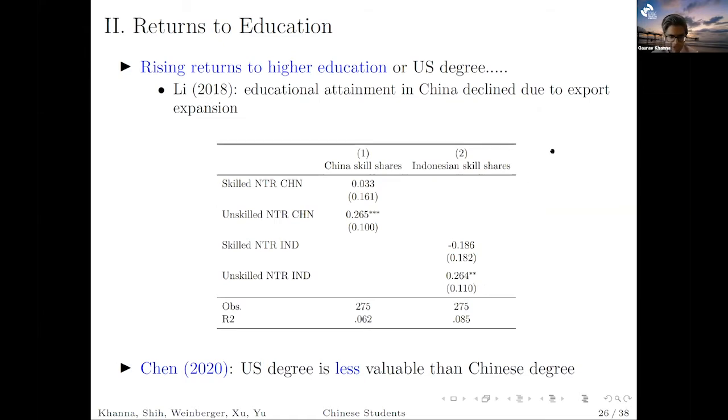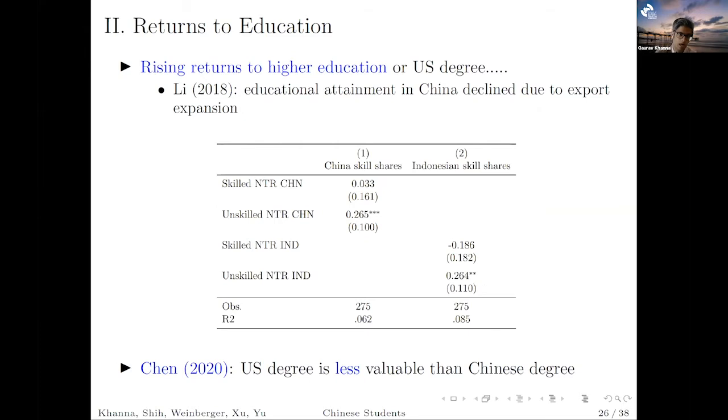What about changes in returns to education? We don't find too much in terms of evidence supporting that. There's some other work that shows that the trade shock actually lowered the returns to education, because it raised unskilled wages more than skilled wages.